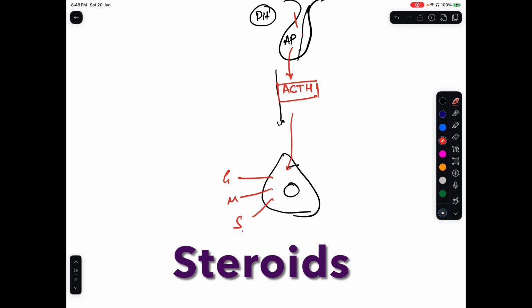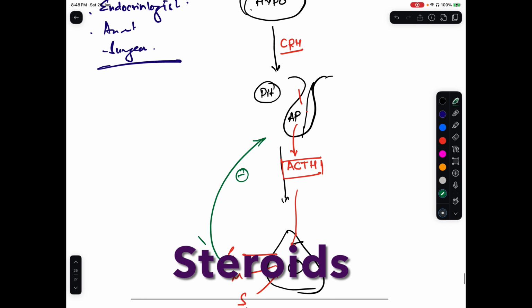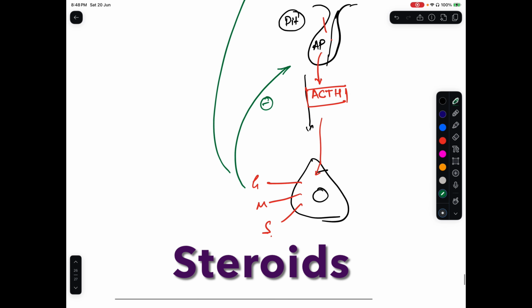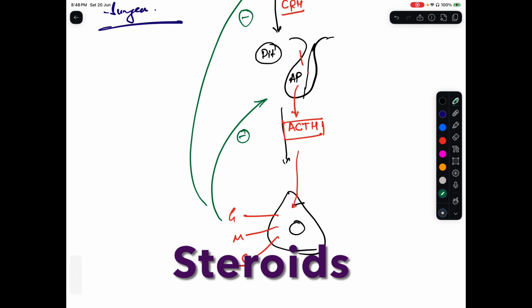Then it has a negative feedback. Whenever glucocorticoid is high, it causes negative feedback on the pituitary and hypothalamus. Any primary problem in the pituitary, like an adenoma, stimulates more ACTH and causes more glucocorticoid.